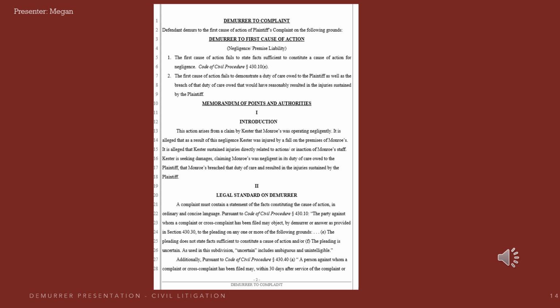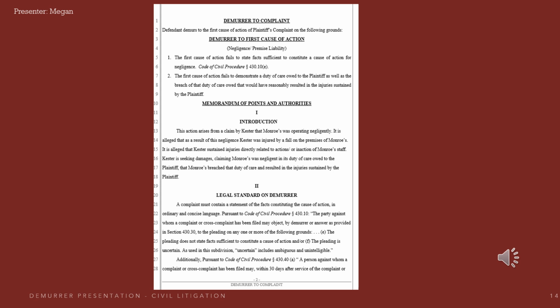We are demurring to the first cause of action Kester filed by stating that defendant demurs to the first cause of action of plaintiff's complaint on the following grounds. We then explicitly state that we are demurring to the first cause of action due to insufficient and inadequate factual basis of the cause of action stated.